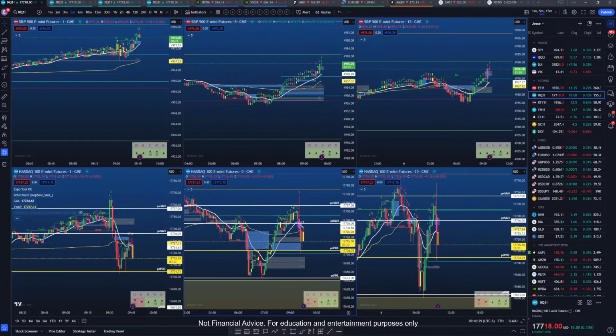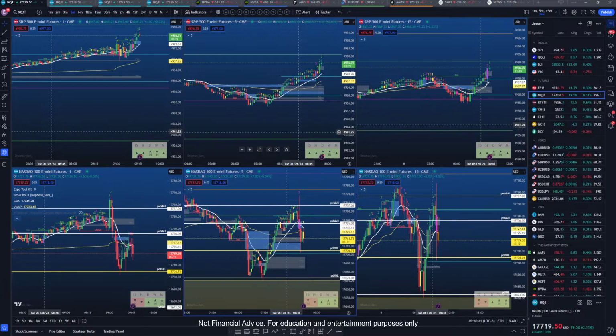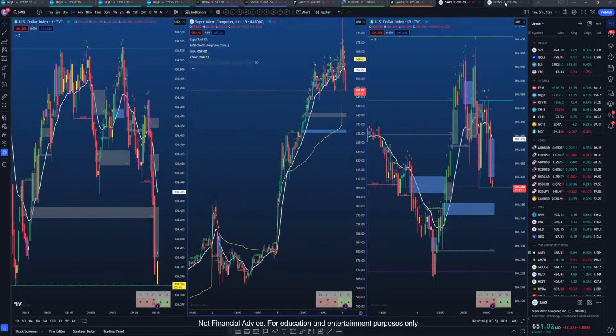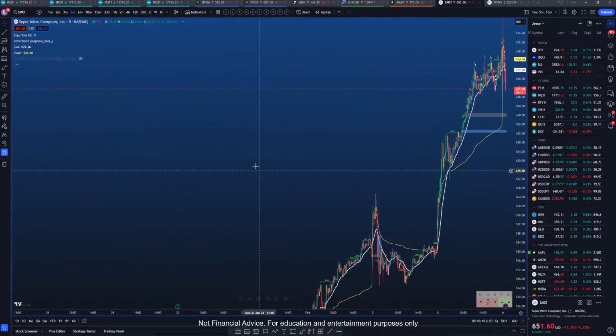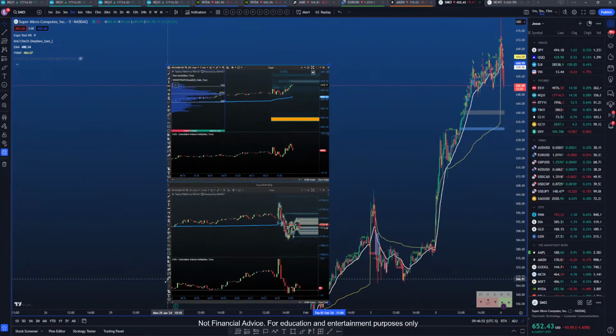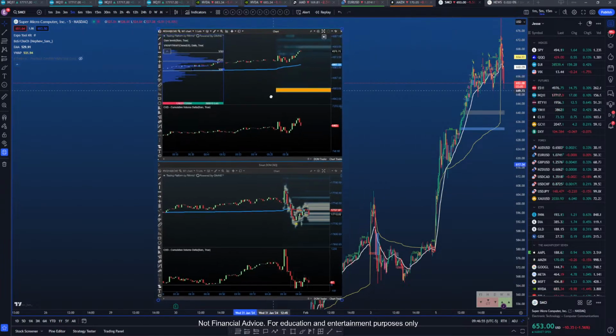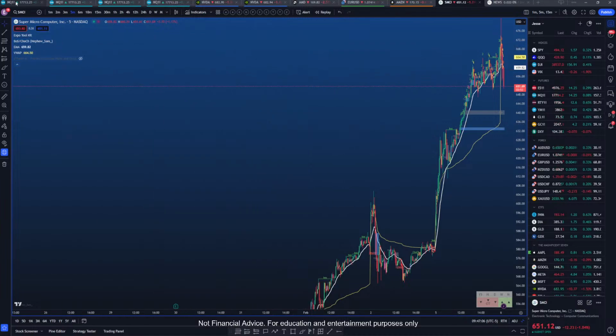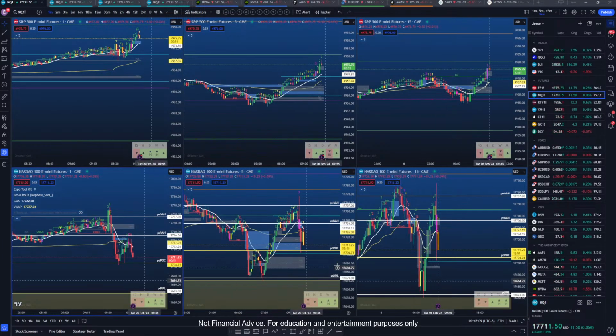Let me look at ES. So ES did make a higher high on Delta, but it's fallen right now. I wish I could just put Delta on the screen, but yeah, we got some falling Delta on NQ. ES made a higher high on Delta with that push up, but I'd be leaning bearish right now.